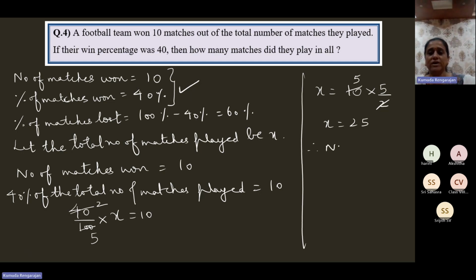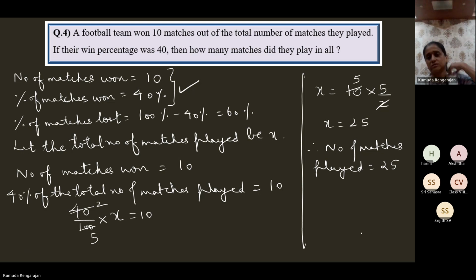Therefore, the number of matches played is equal to 25. Where you know both the number and the percentage, you can use that information to find the total. Here the total is the total number of matches.